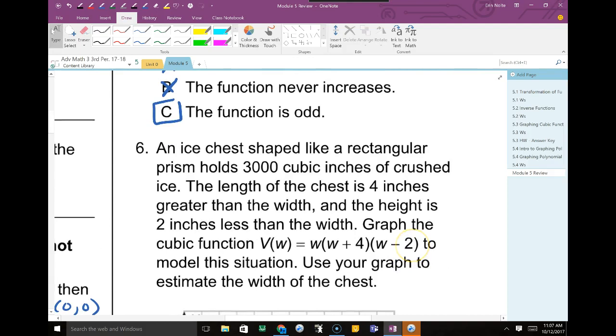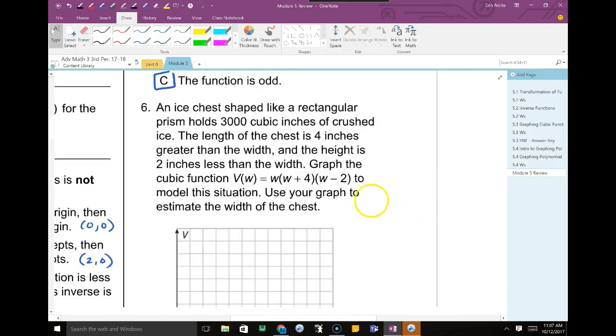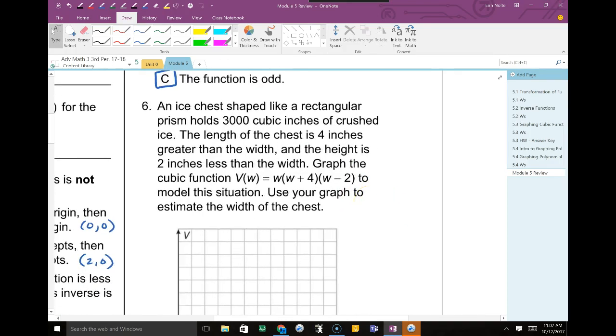All right, here comes a really good question about a rectangular prism. We have the ice chest shaped like a rectangular prism holds 3,000 cubic inches of crushed ice. The length of the chest is 4 inches greater than the width.